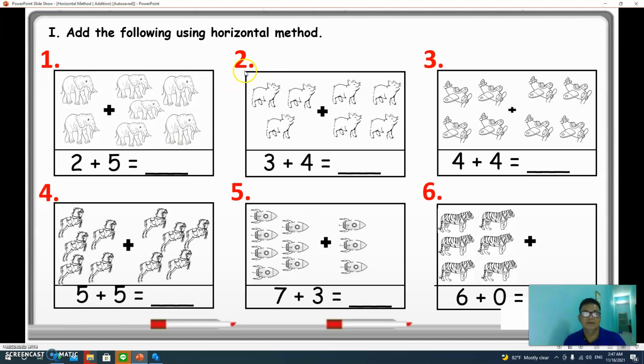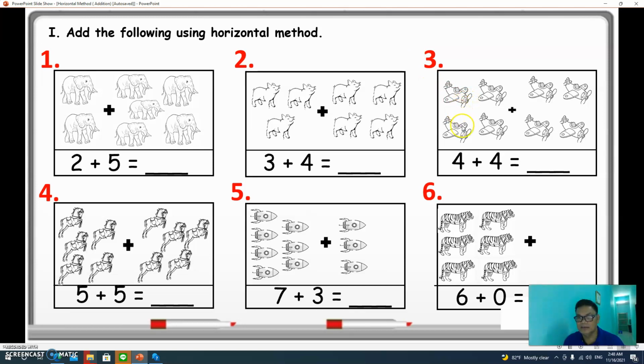Number 2. 3 plus 4 equals 1, 2, 3, 4, 5, 6, 7. So you're going to write 7 here. Number 3. What is it?